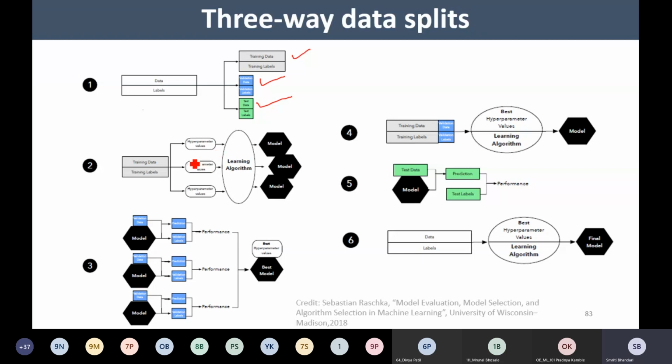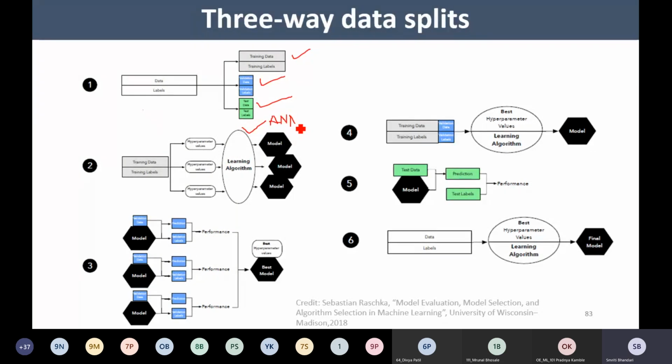to do is, in step number 2, we are going to tune the hyperparameters of our learning algorithm. So what we mean by that? See here, we have selected some learning algorithm. So let us assume, for example, we have selected artificial neural network, ANN, as our learning algorithm.